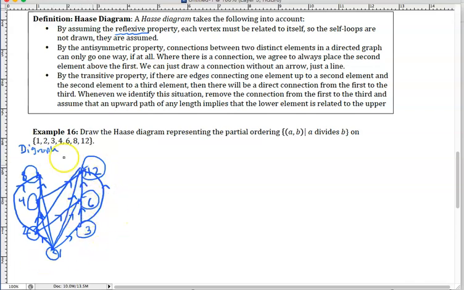Okay, so that's the full digraph, which even with this small number of values, you can see gets pretty complicated. Okay, so let's simplify.